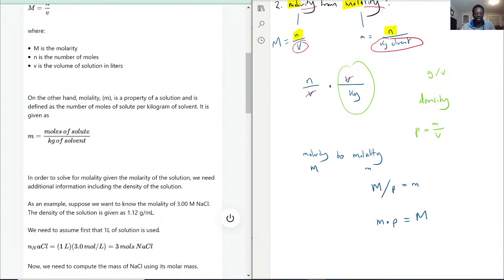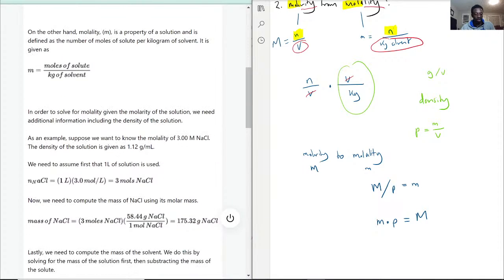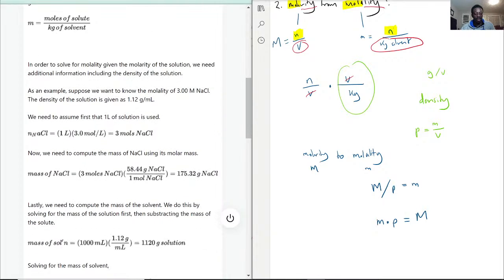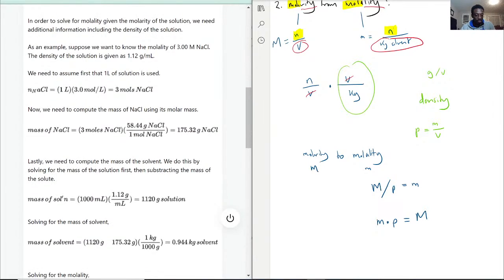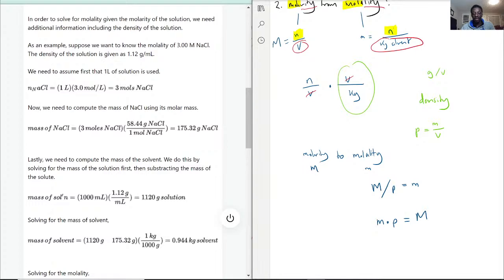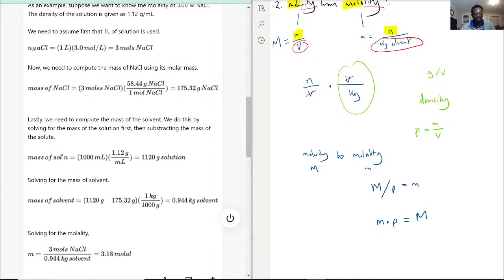And then exactly, you see they're giving us the density, and then what they did here is that they got their moles, they have their mass, and then they have to compute the mass of the solvent, and so that is what they have there.